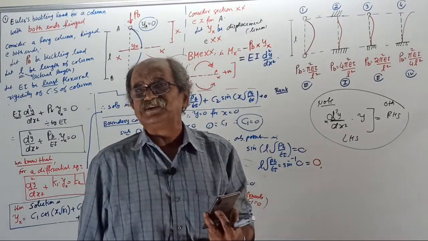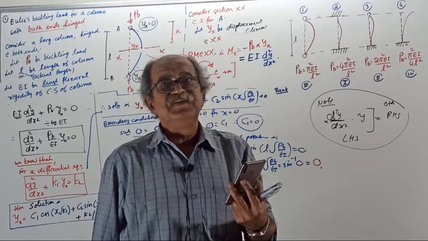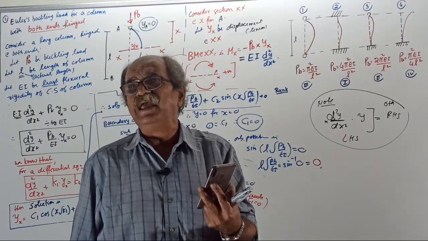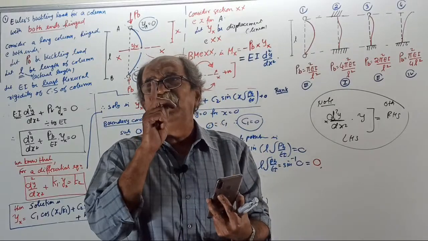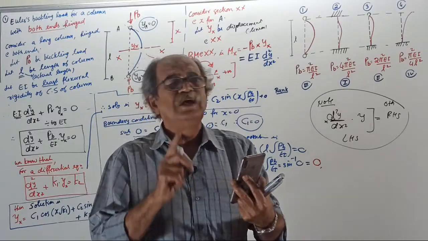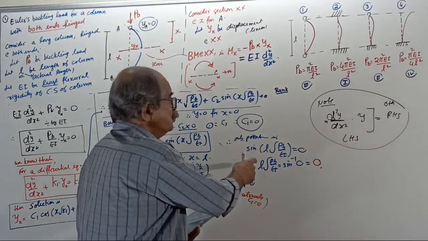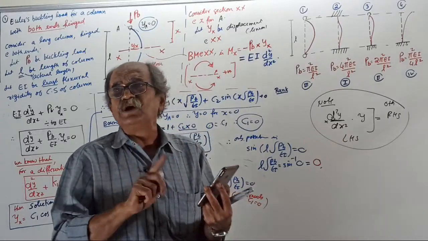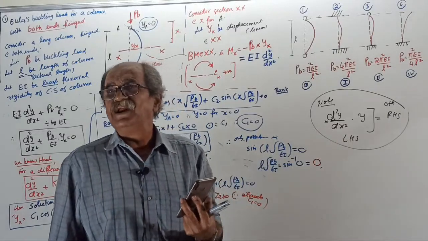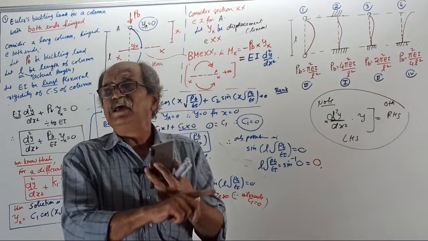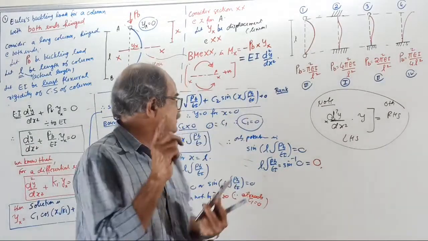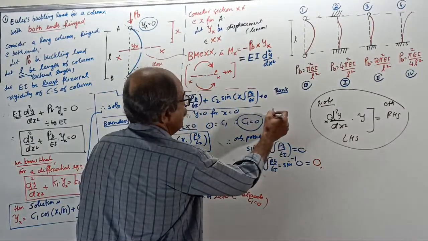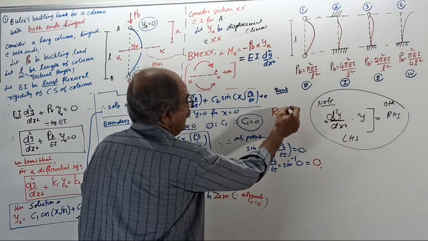Remember, this is structural engineering. Theta means dy by dx. Degrees are not allowed; you cannot use degrees in the trigonometric function when you use a differential equation. Degree is ruled out. The answer should be in radians.